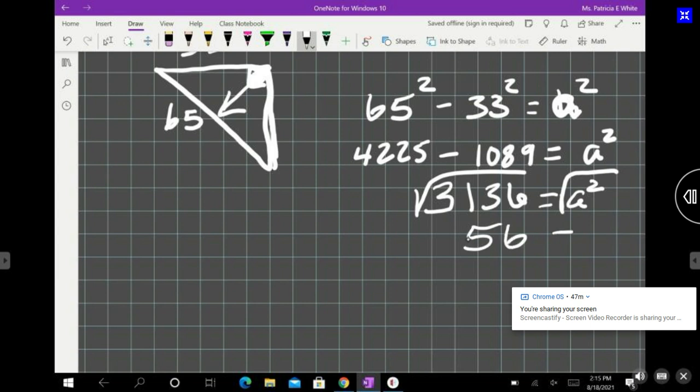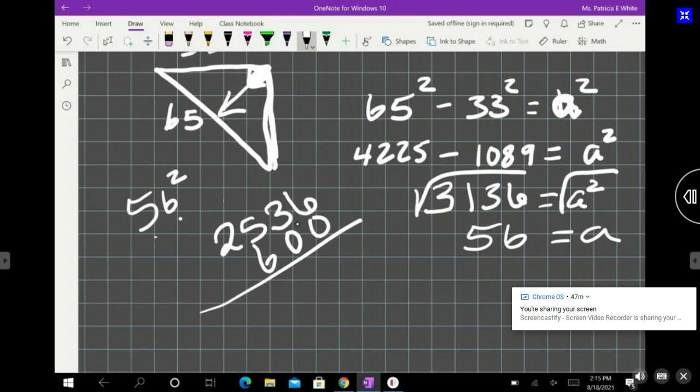All right, let's check that. 56 squared. What's 5 times 5? 25. 6 times 6? 36. 5 times 6? 30. Doubled. Oh, my bad. Doubled, that's 60. 60, and then add a 0, right?